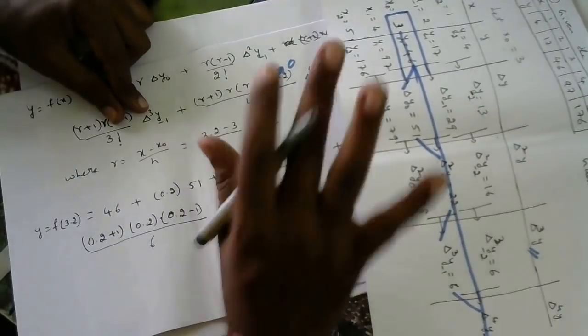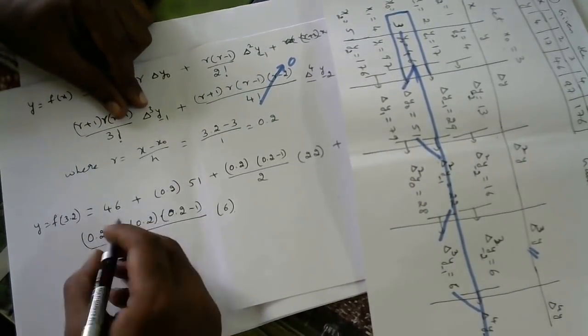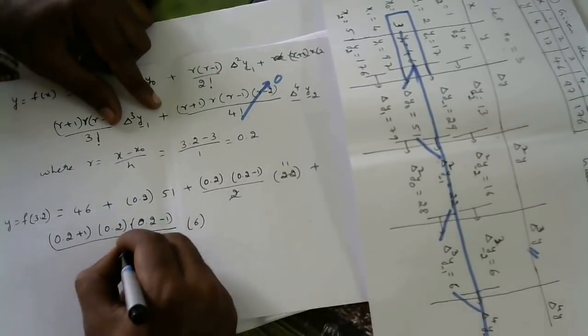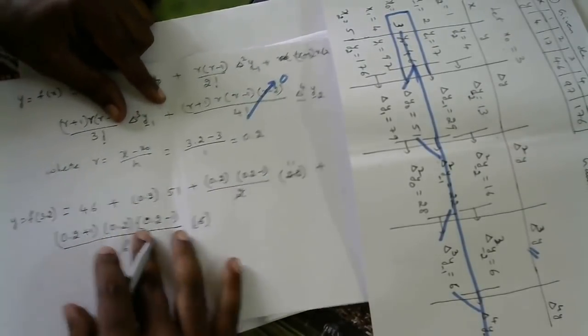So the last term becomes 0. Now the 2 ones are 2, the 6 and 6 cancel.